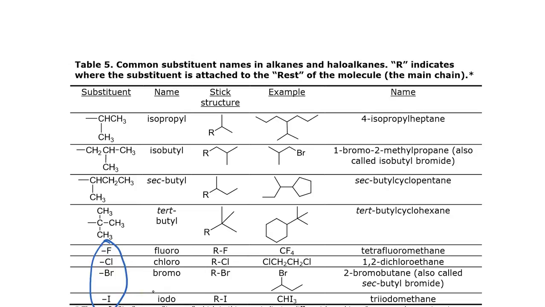We're just going to memorize those. And then if the substituents themselves are branched, this can get really complicated. We're only going to learn the branching up to 4 carbons. So a 3-carbon branch is called isopropyl. And there are 3 different ways to do a 4-carbon branch that we're going to learn.